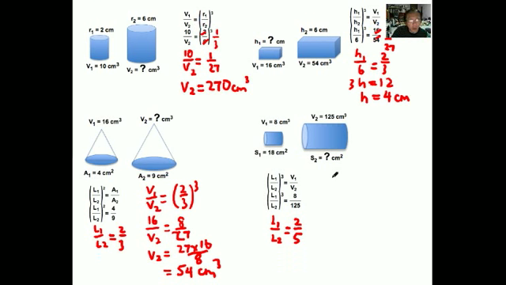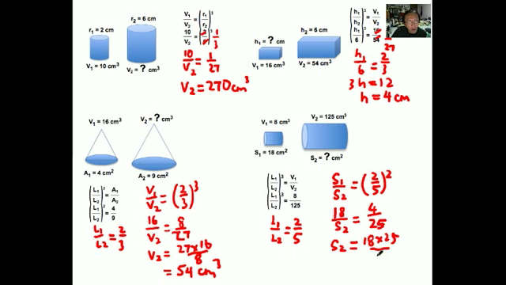We need the ratio of lengths in order to find the ratio of areas. The ratio of areas is simply the ratio of lengths squared. The first area is 18, and here we have 4 over 25. The surface area is 18 times 25 over 4.